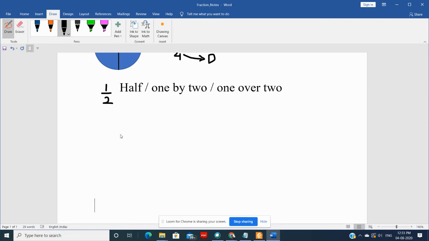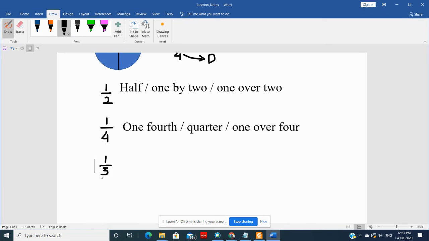When you write something like 1 upon 4, you write it as 1/4, and you can say quarter, or one-fourth. Similarly, if you are eating 1 out of equal 3 parts, then how do you write it?